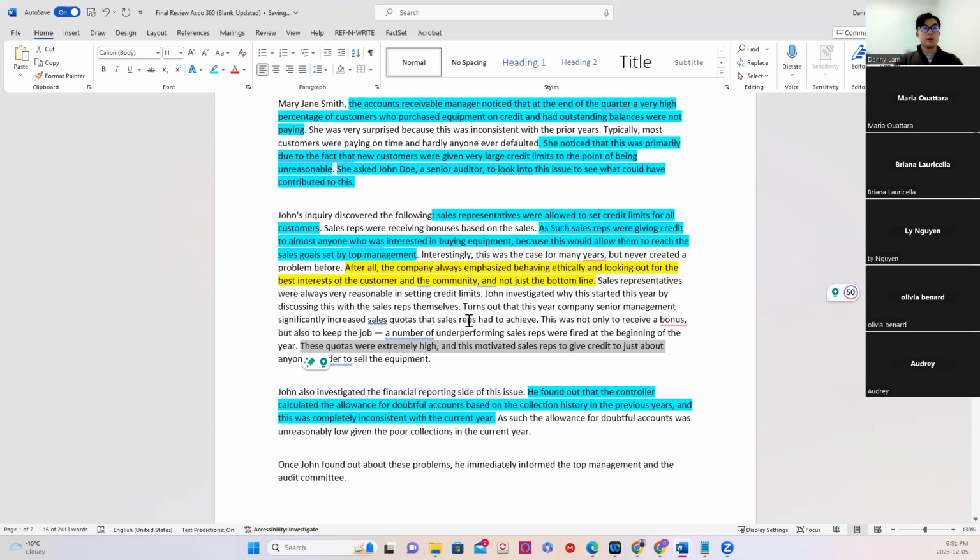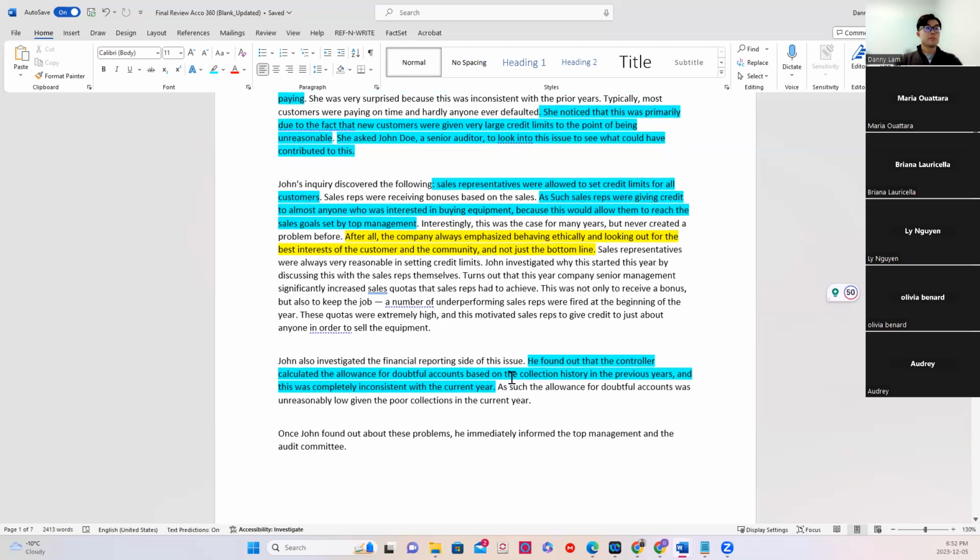You explain a little bit, then you quote some important stuff. So let's say unreasonable credit limit, then you would say quotas were extremely high, and then you would acknowledge it with a discussion on it. Is there anything else anyone wants to add for control activities?